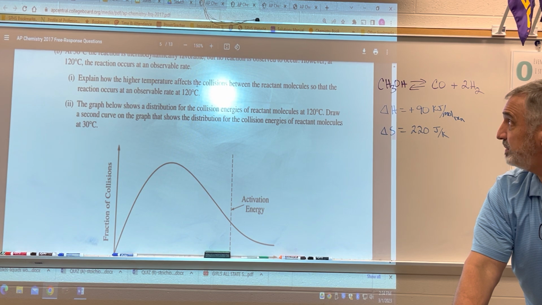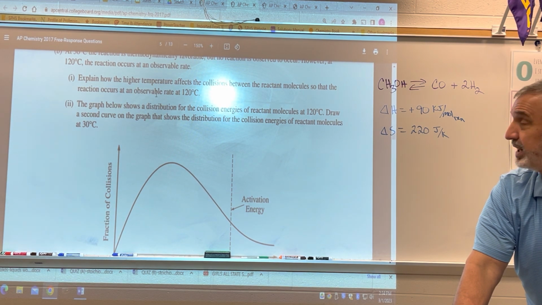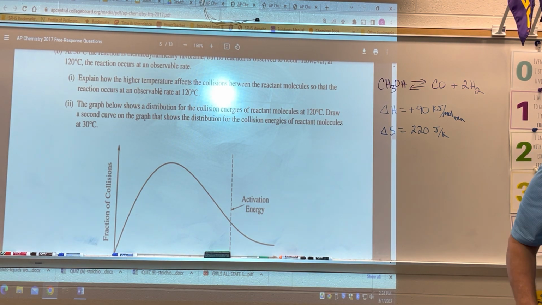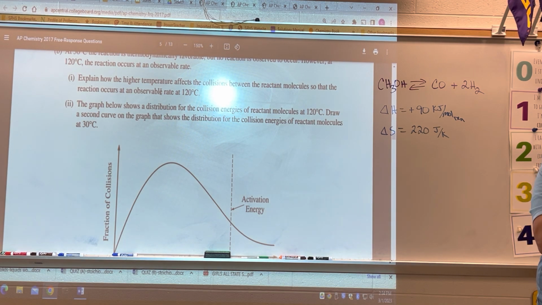So the reaction occurs at 120. How does the higher temperature affect the collisions between the reactant molecules so that the reaction occurs at an observable rate? It's not necessarily the number of collisions. They have to overcome the energy of activation.